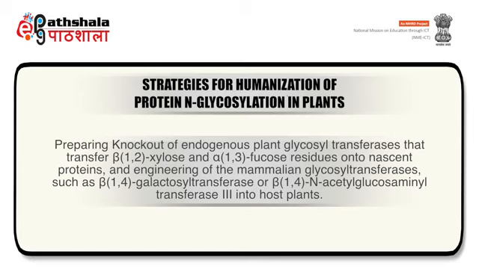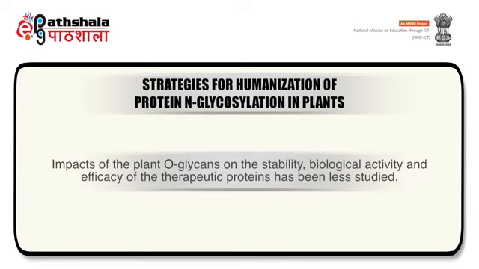nascent proteins, and engineering of mammalian glycosyltransferases such as beta-galactosyltransferase or beta-N-acetylglucosaminyltransferase 3 into host plants. The impact of plant O-glycans on the stability, biological activity and efficacy of therapeutic proteins has been less studied.